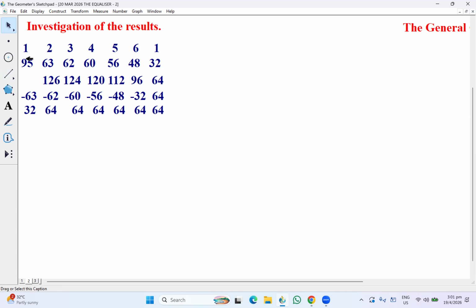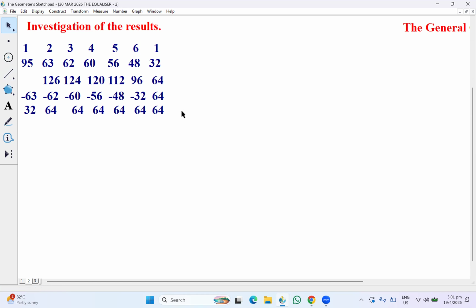So 95 gives 63, so it's 32. Then 126 gives 62, 64. 124 gives 60, 64. 120 must give this amount, 56, 64. Then the 112 gives 48, 64.